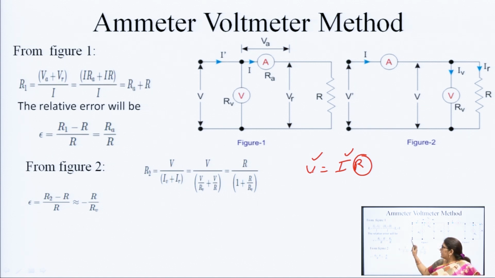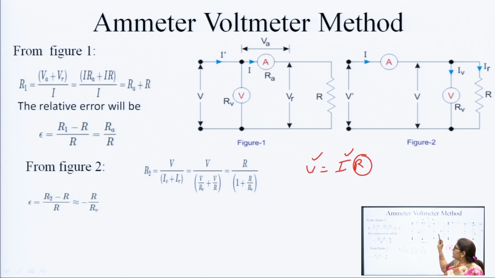In this method, if the actual value of the resistance is R and the value shown by the instrument is R1, there is an error of RA. So, if the resistance value R is much greater than RA, then we can use this method.